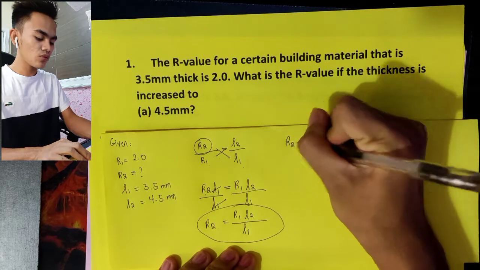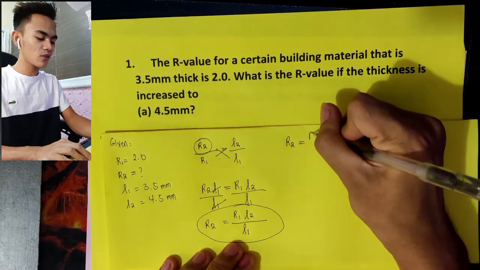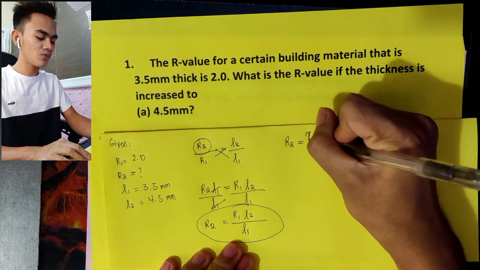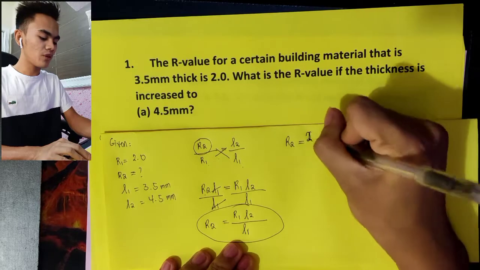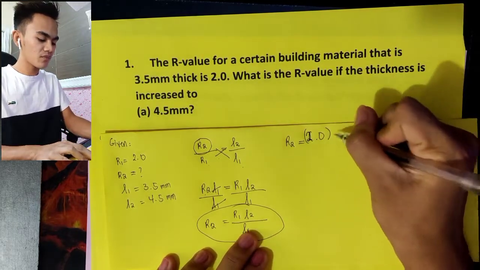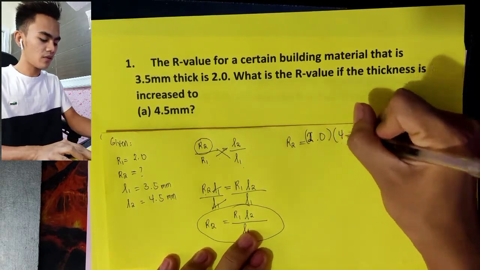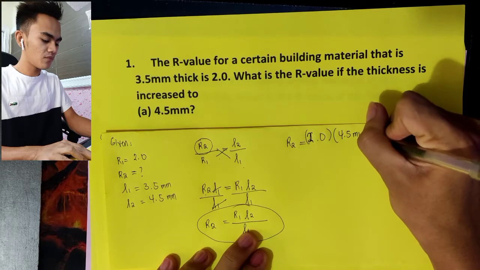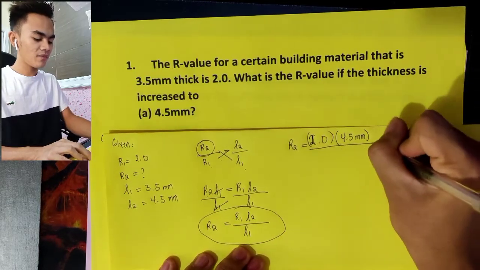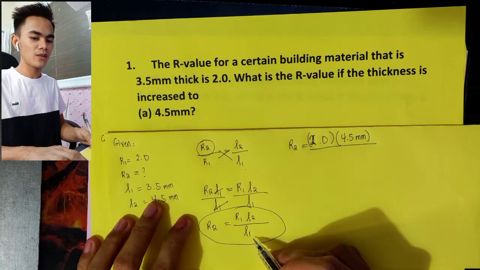Then let's substitute all the given values. R1 is equal to 2.0, L2 is 4.5 mm, divided by L1, which is 3.5 mm.